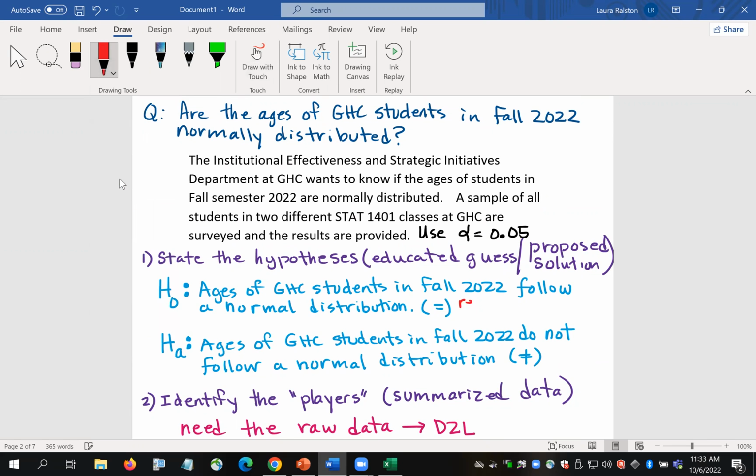If we reject the null, that means the null is false or wrong for this particular problem. And therefore, by default, the alternative is true or correct.